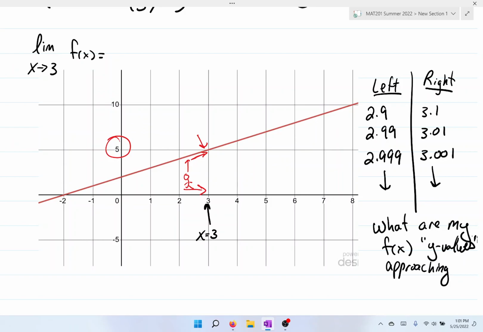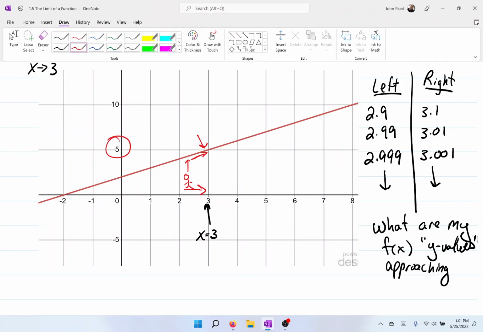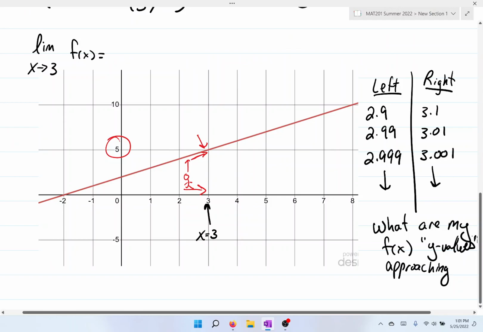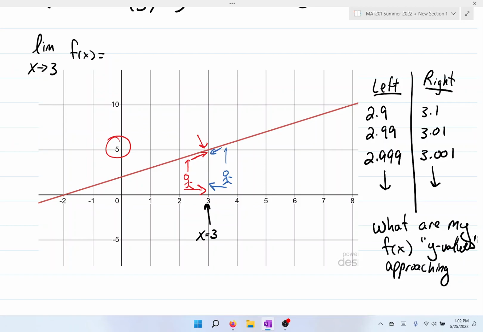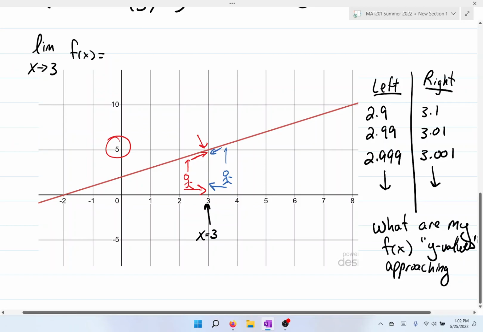All right, and the same exact thing happens when we approach 3 from the opposite side. So if I just look up, notice that although I'm getting closer and closer to 3 from the right-hand side, my y values are still approaching whatever this y value happens to be, which looks like it's going to be the number 5.